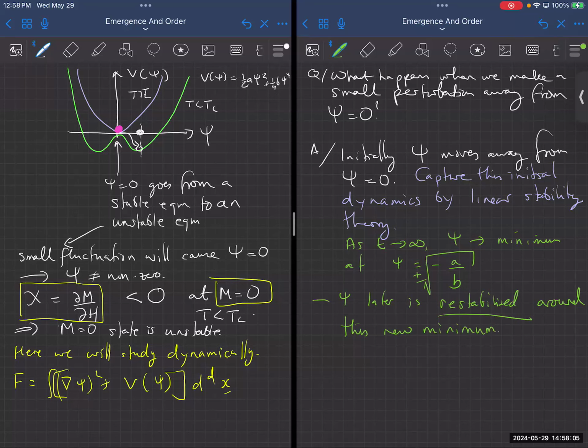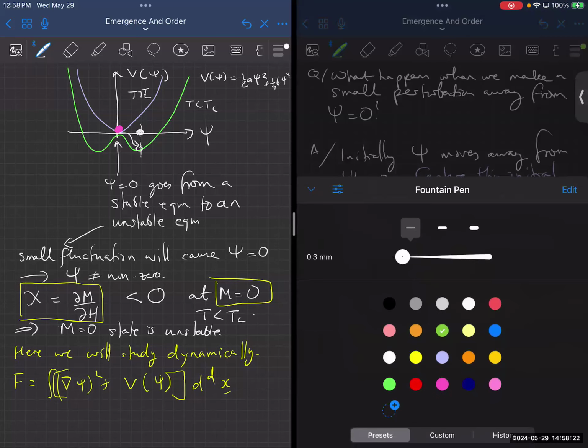And the thing that does the restabilization is the nonlinearities. So what are the nonlinearities in this particular case?